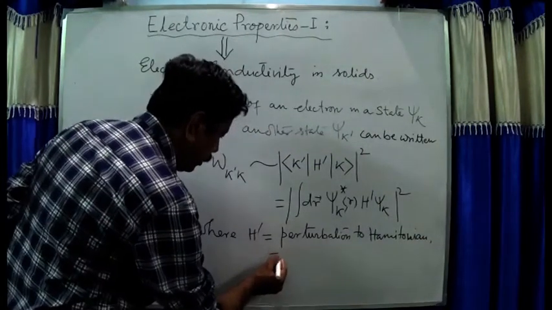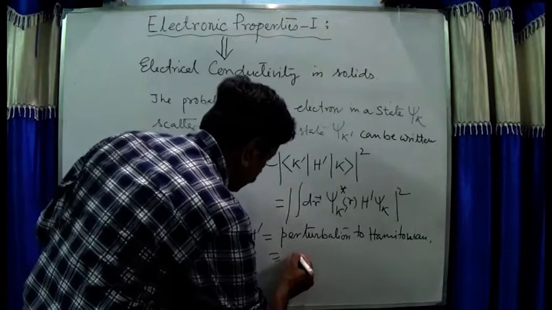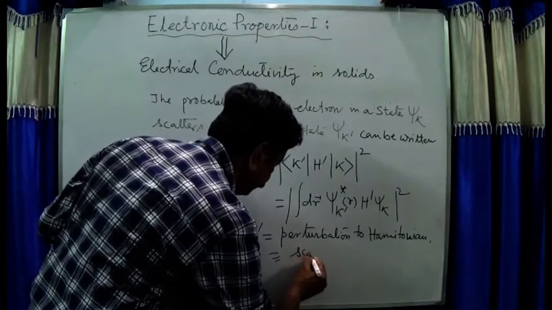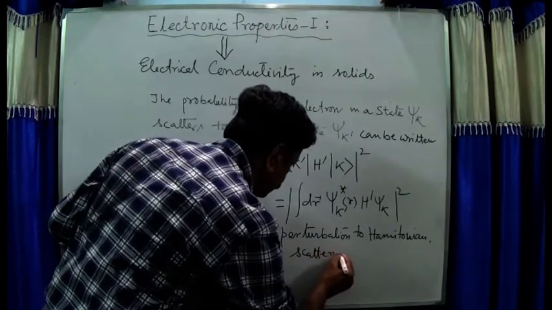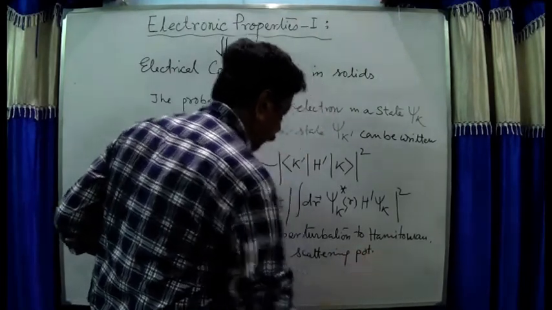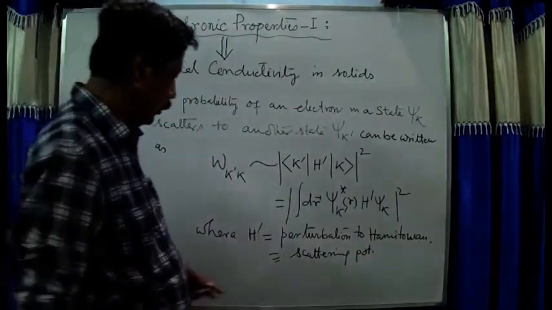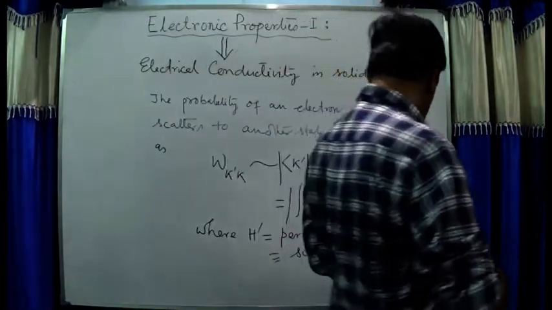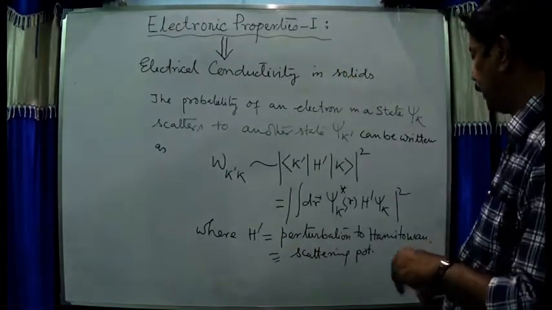That is equivalent to the scattering potential or interaction potential. So H prime is the perturbation term.